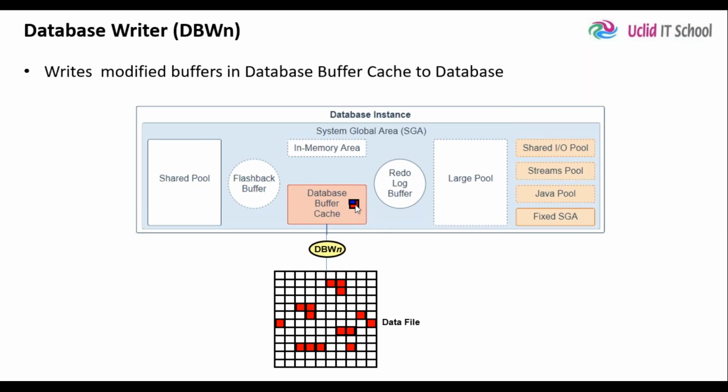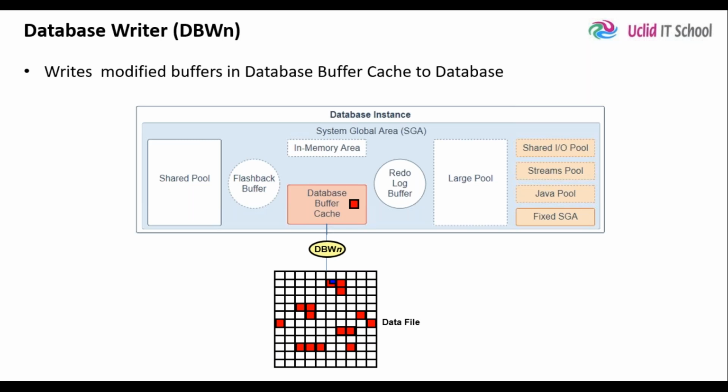Now somebody modified this block. Ultimately this block has to be written to the data file, or the database, which is on the disk. Who does that? The database writer background process. Now you see this change is permanently written to the disk, meaning the data file. That is the duty of the database writer.